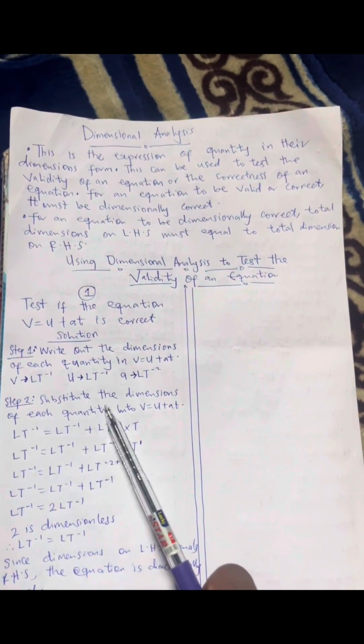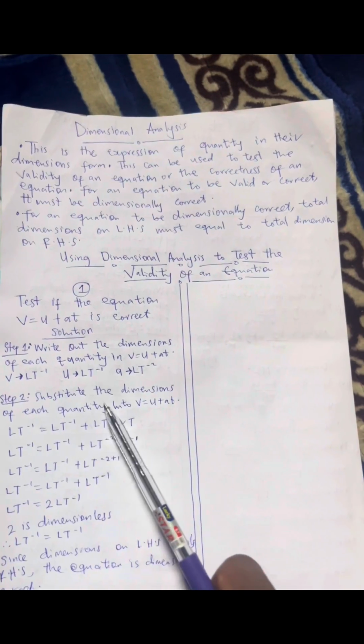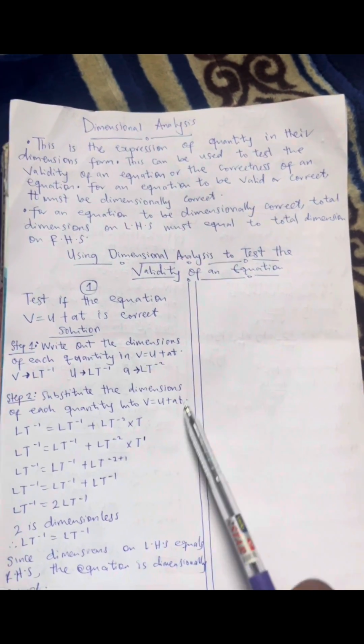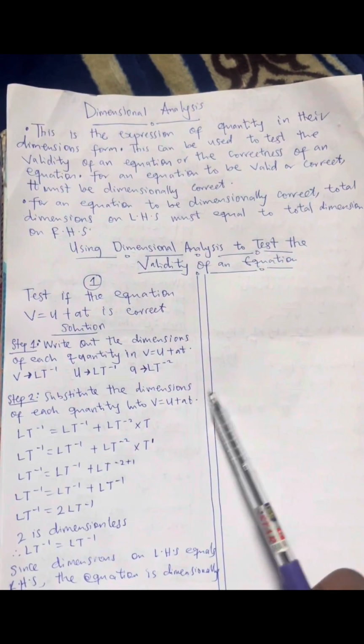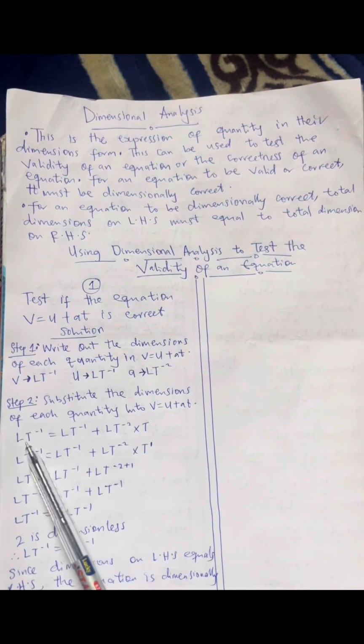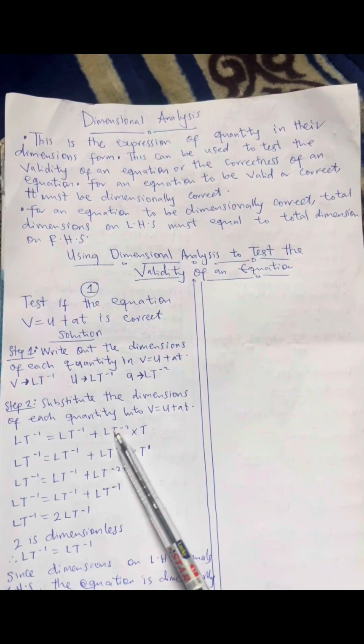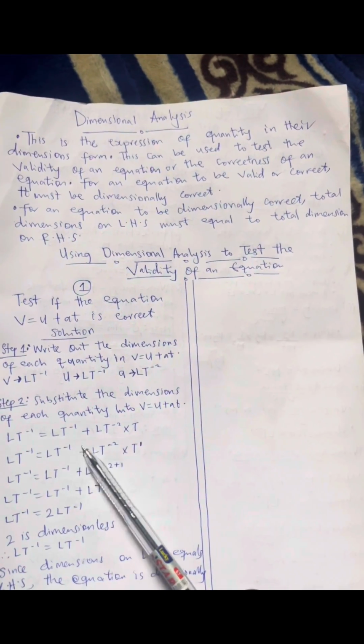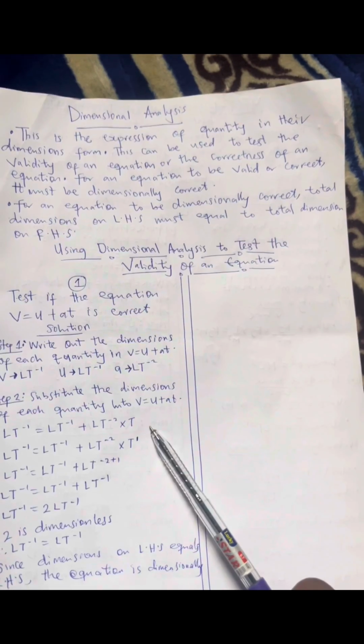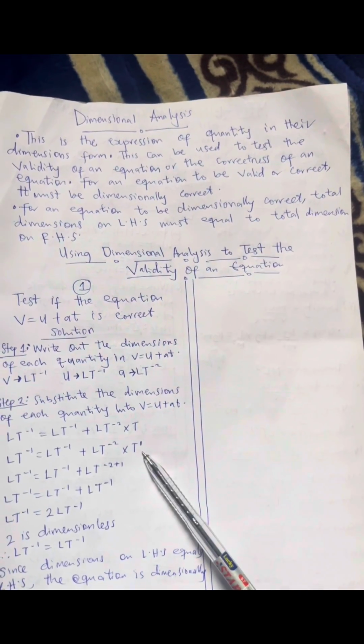Step 2, substitute the dimensions of each quantity into the equation. So we have v, we have u, we have a, we have t. The dimension for v is LT^-1, u is LT^-1, a is LT^-2, and for the small t, the dimension for time is T. So we can rewrite the expression as LT^-1 equals LT^-1 plus LT^-2 times T raised power 1, because this t and this T raised power 1 are the same thing.